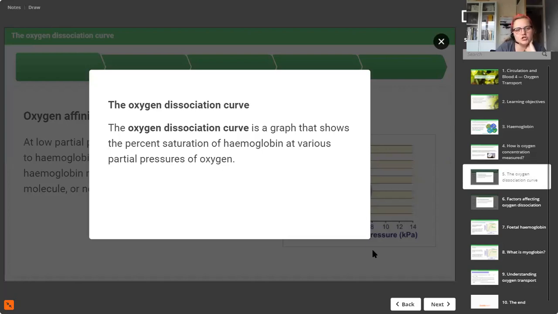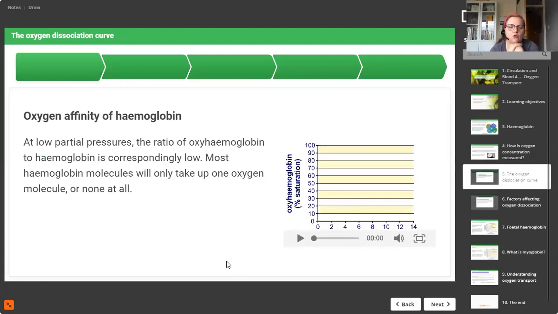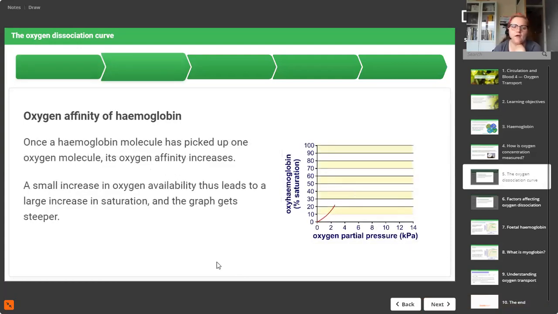So the oxygen dissociation curve is a graph that shows the percentage saturation of hemoglobin at various partial pressures of oxygen. So at low partial pressure, the ratio of oxyhemoglobin to hemoglobin is correspondingly low. Most hemoglobin molecules will only take up one oxygen molecule or none at all.